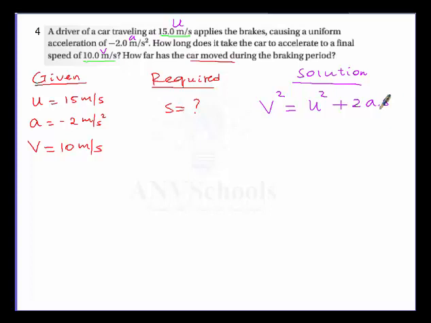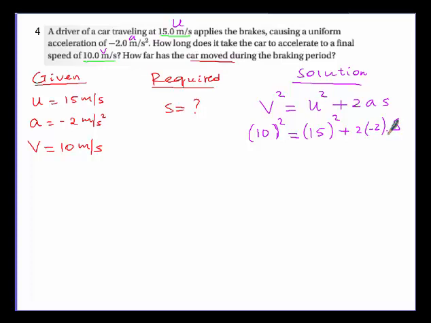Now I can read this formula. The final speed is 10. Final speed is 10. 10 square is equal to 15 square plus 2 multiplied by acceleration, negative 2, multiplied by distance.